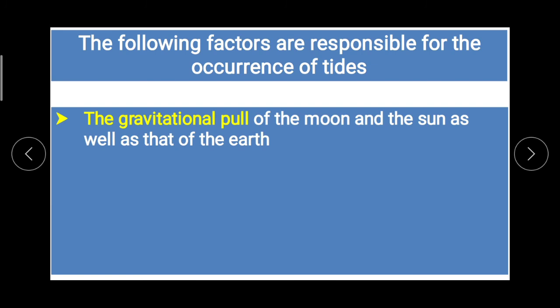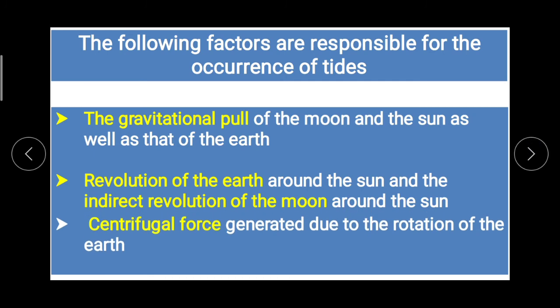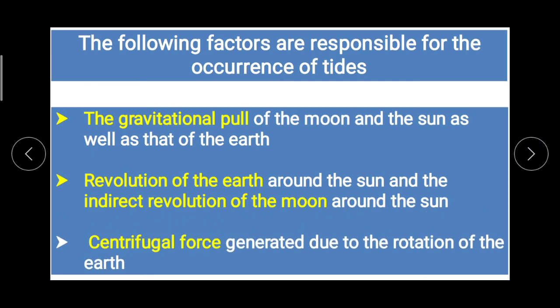Then the next factor is the revolution of the earth around the sun and the indirect revolution of the moon around the sun, and centrifugal force generated due to the rotation of the earth.